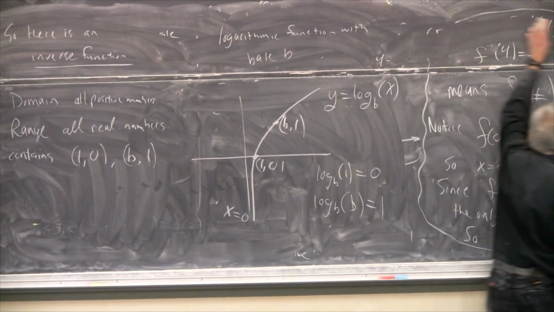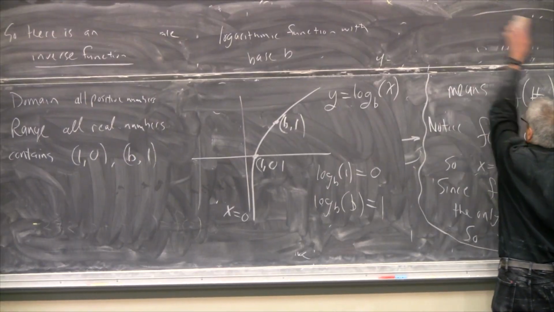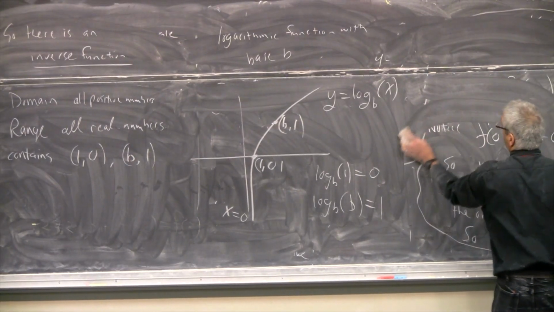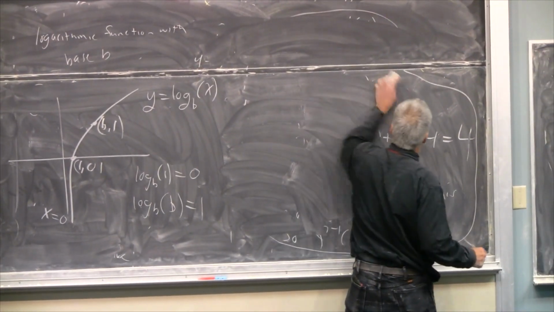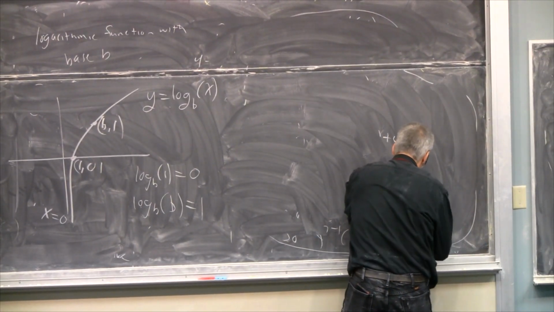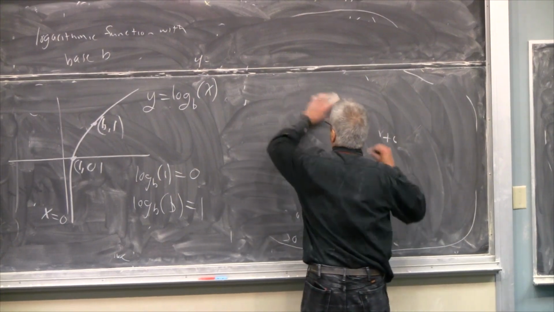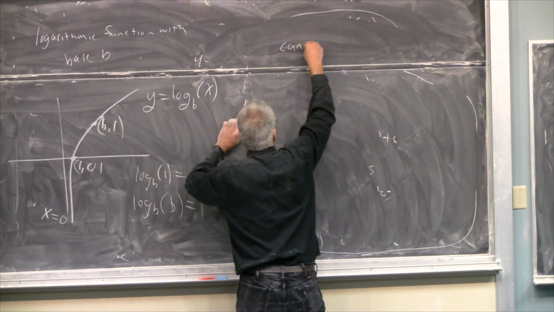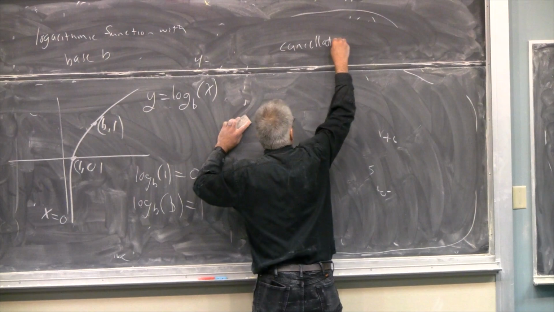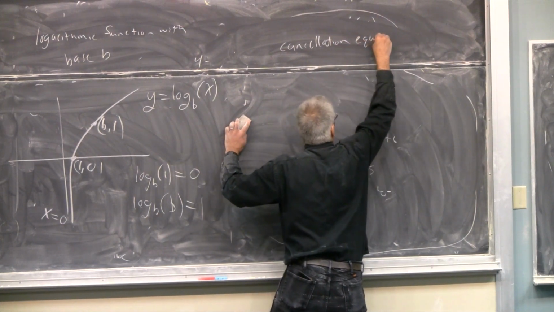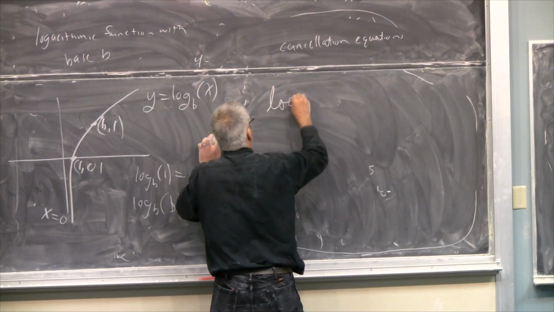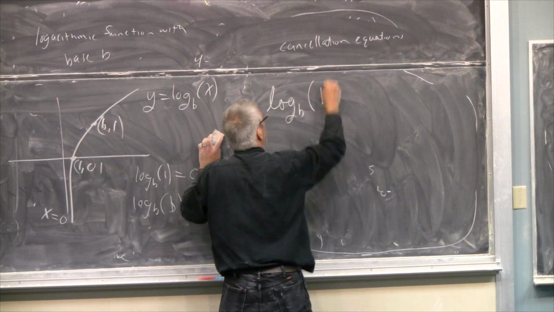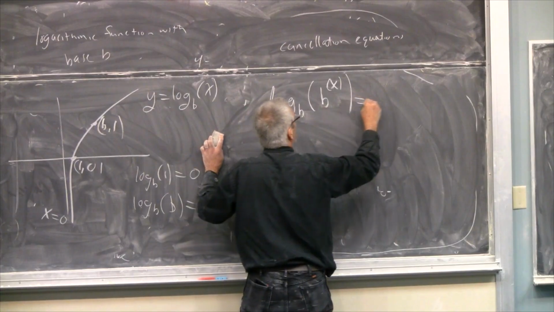Furthermore, we have these cancellation equations. We have log base b of b to the x is just x.